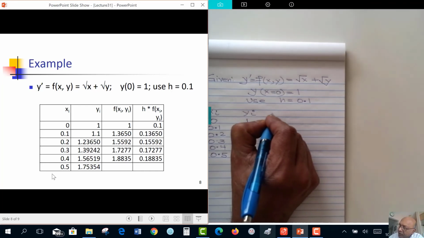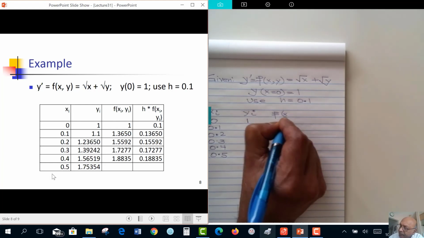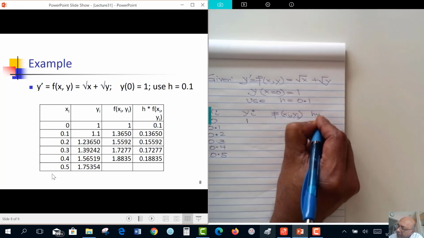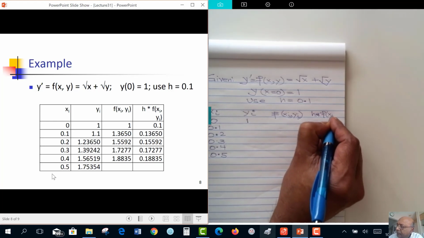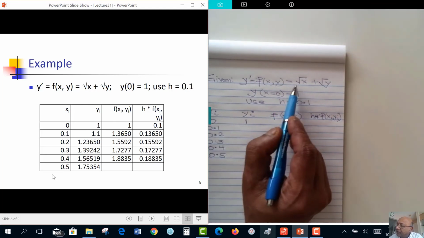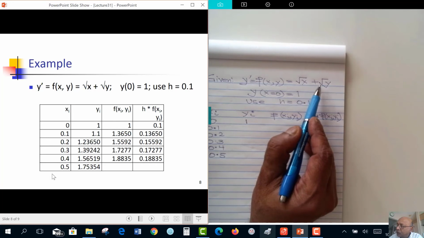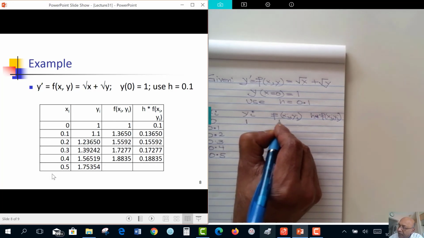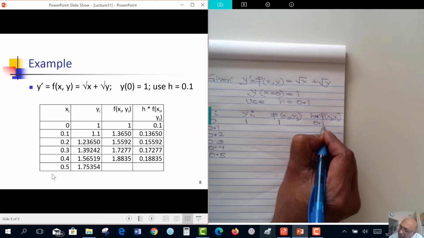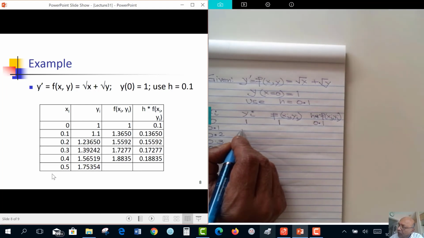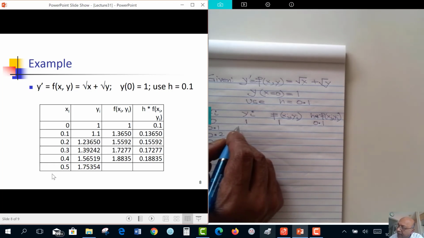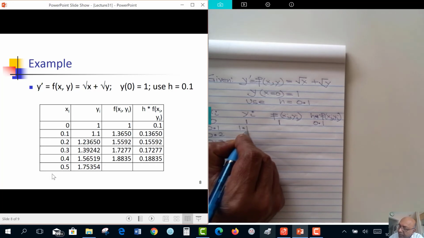Okay, so we are going to evaluate the function, and then we are going to multiply it by h. So we evaluate square root of 0 plus square root of 1 is 1, times 0.1. So we are going to add to yi this area. This is our rectangular area, so we'll get 1.1.